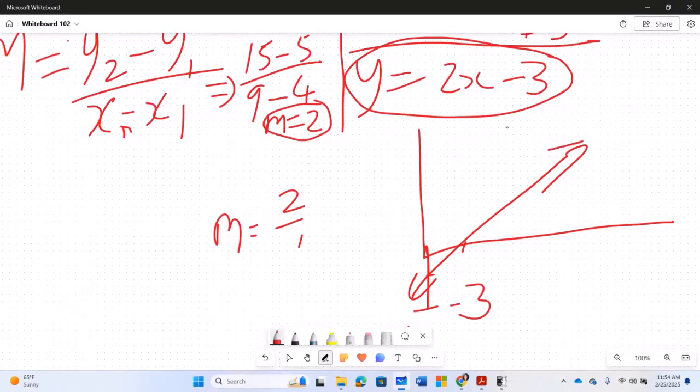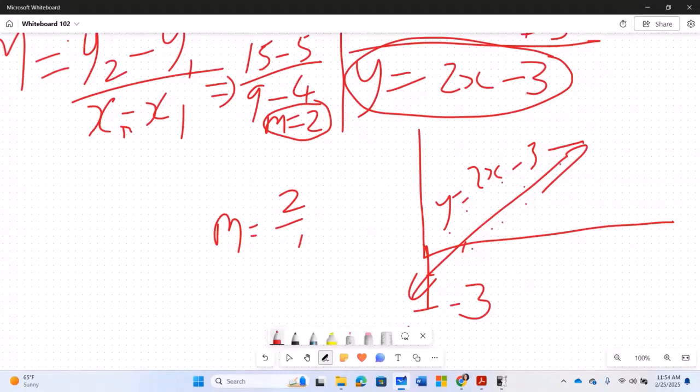So that is the line. So the equation of the line is y equals 2x minus 3. That is the equation of that line, and then you make your points here.